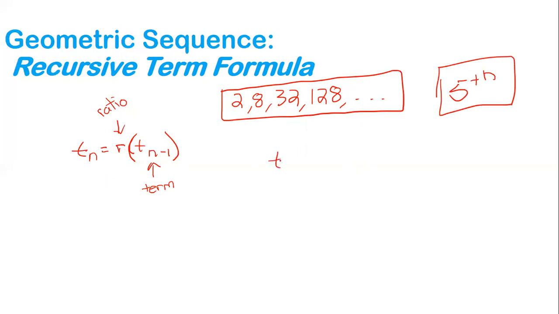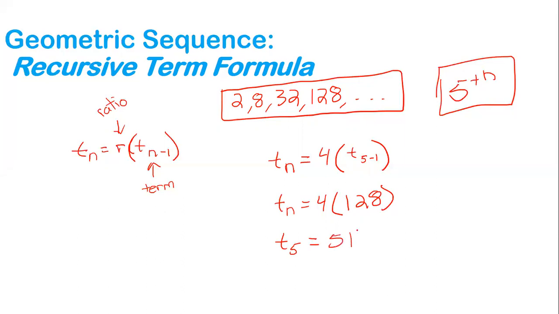Well, t sub n is equal to our ratio, which we calculated to be 4, multiplied by the term of n minus 1, so 5 minus 1. So multiplied by the fourth term. So t sub n is equal to 4 multiplied by the fourth term, which is 128. So t sub 5 is equal to 512.